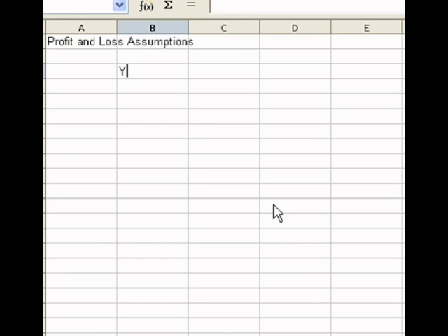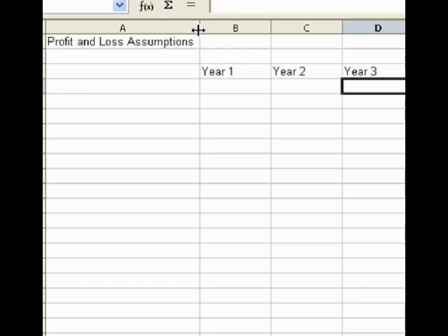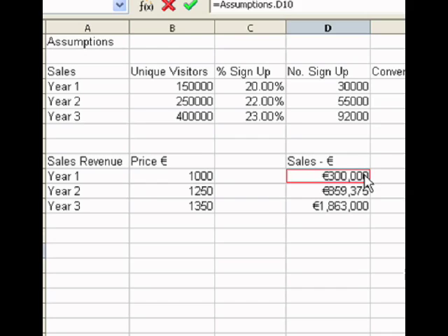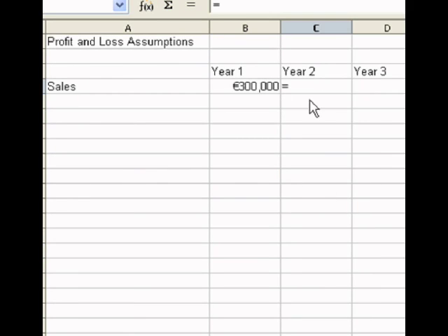The way I like to lay out my profit and loss projections is to put the 3 years beside each other, because you can see increases and decreases, and it's fairly obvious when you're looking at it. So we're just going to do the sales assumptions now. So what we do is we reference the cell in our assumptions that we have worked out our sales revenue. So we do this for year 1, year 2, and year 3.